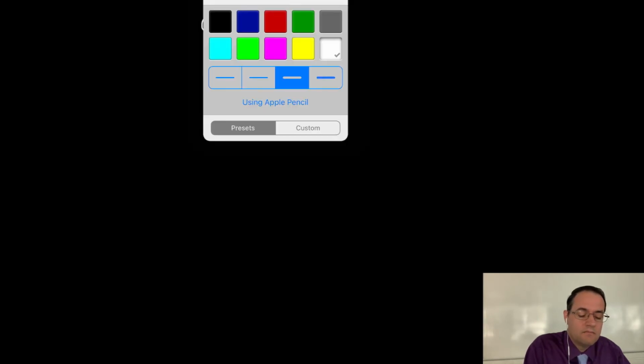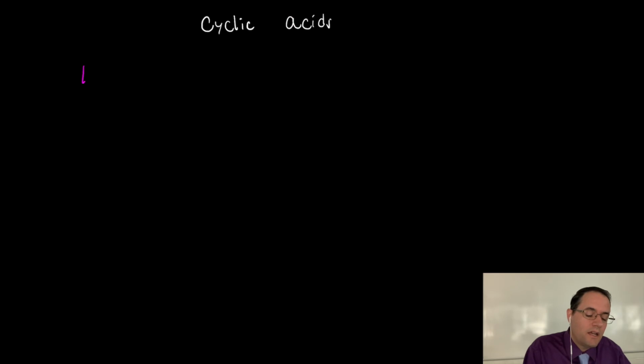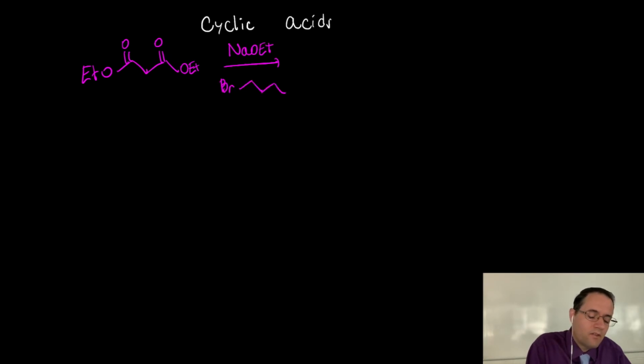Now, sometimes you can form cyclic acids, okay? And it looks like this. So, for example, if you add sodium ethoxide to this, okay, and then something like this, let's work through this stepwise.